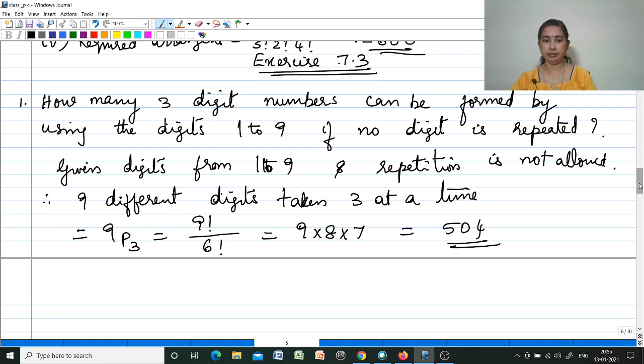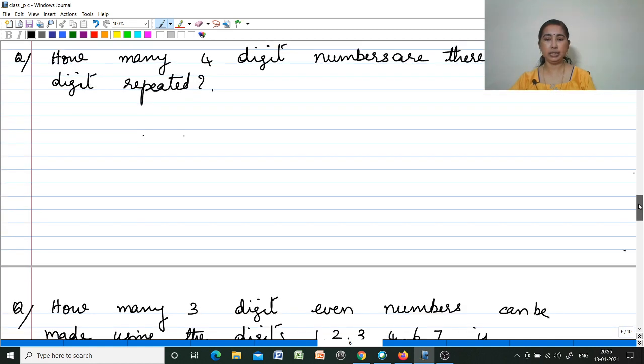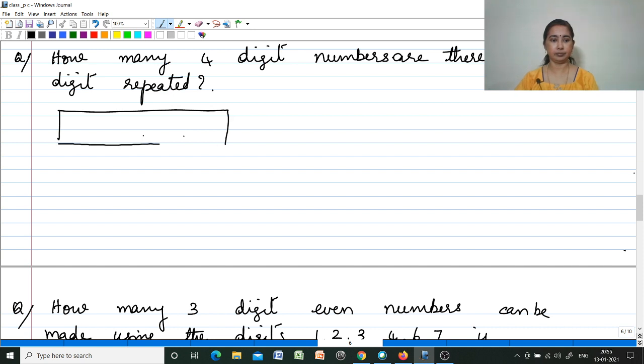Then the next one: how many 4-digit numbers are there with no digit repeated? So we have to find 4-digit numbers, with 4 places, and we have the digits from 0 to 9.